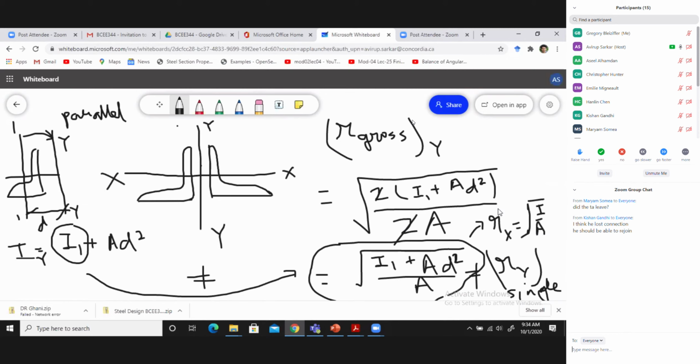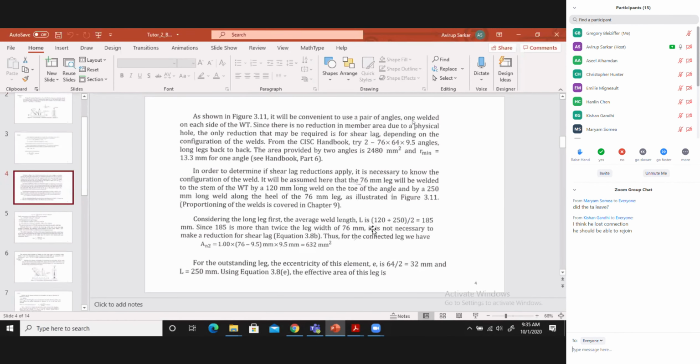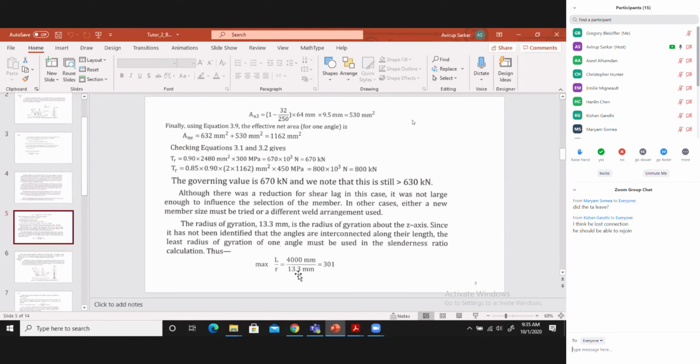This thing is already given in the handbook, but you need to calculate this for the y axis and then compare whether rx is minimum or r gross y is minimum. So in this problem they must have calculated the rx to be minimum, and that's why in their calculations R minimum they have simply written as 13.3, and also later in the checking they considered 13.3.